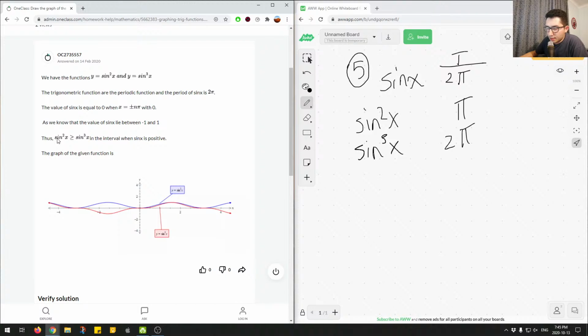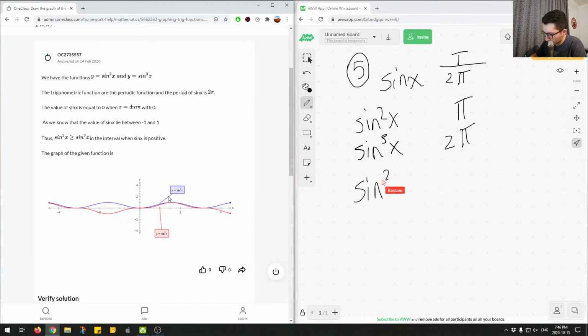We can see that here we're claiming that sine squared x is greater than or equal to sine cubed x. Based on this graph, but if we were asked whether this statement is true, to know if it's true, we could just plug in a value. If we know that the period is pi, we can plug in pi divided by 3. We know at some points these two graphs are equal, but at this point they're not. This is about pi over 3.